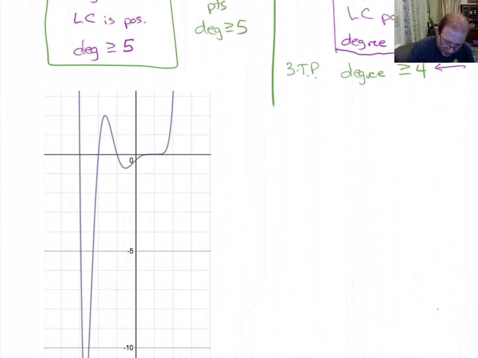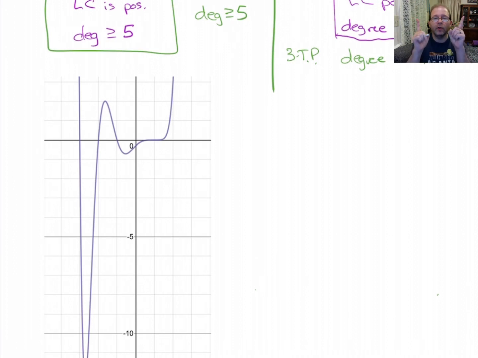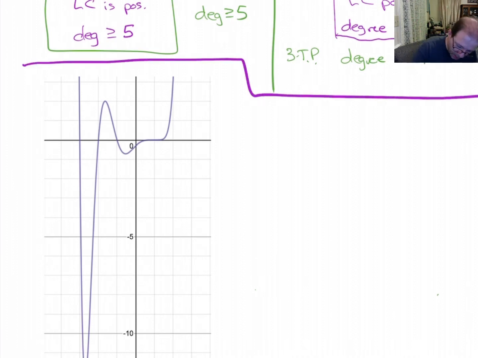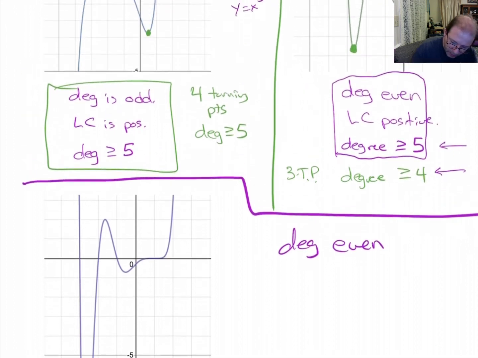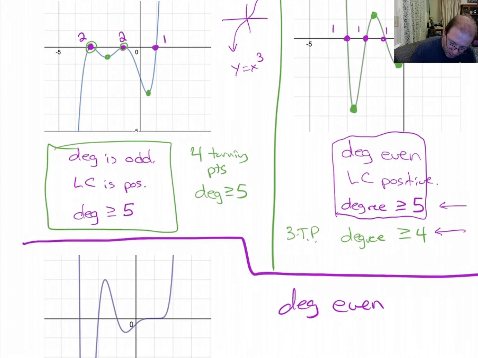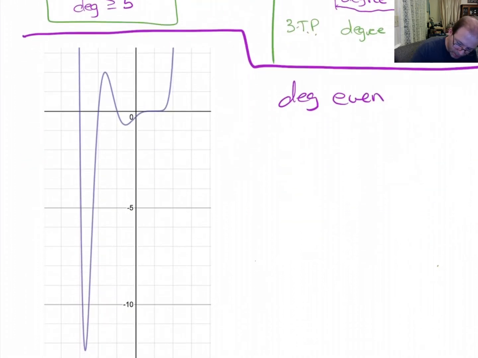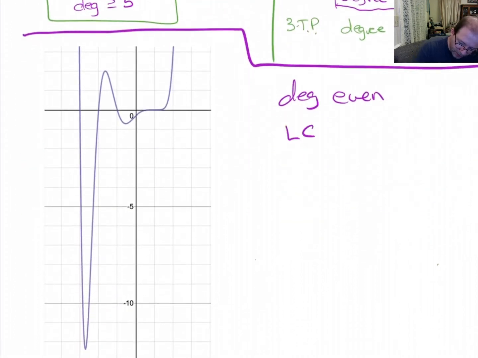All right, last example. Both of these ends are going up, so for this guy, the degree is even. The leading coefficient is positive.